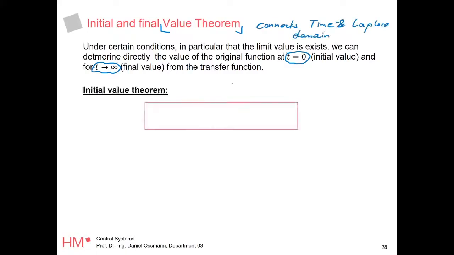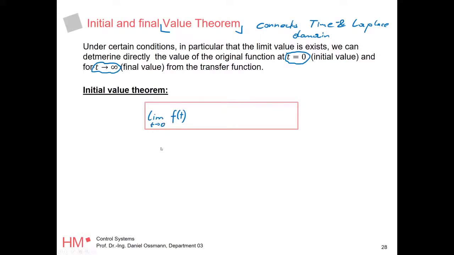The initial value theorem just says, let's assume we have an f of t, which is any function in time, and we want to know what this function is doing when we let t go to 0. So we need to take a limit and let t go to 0. You can just put in 0, right?